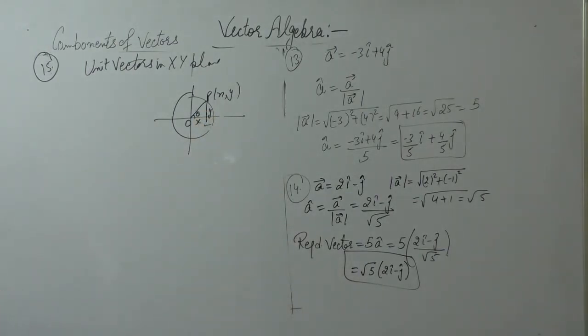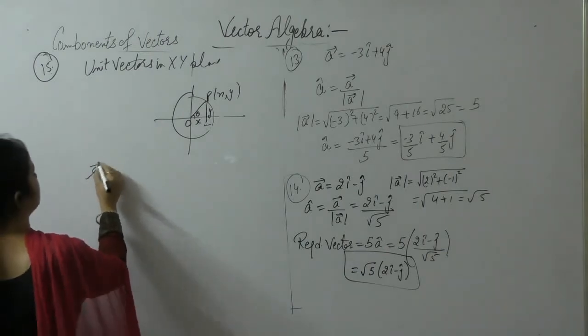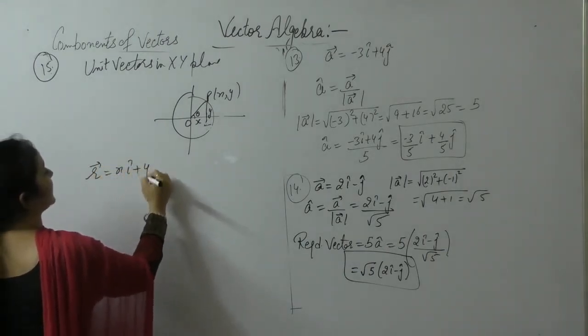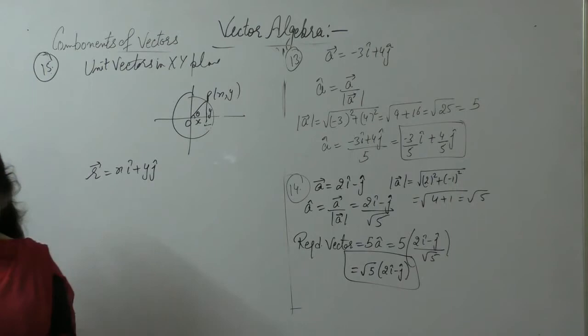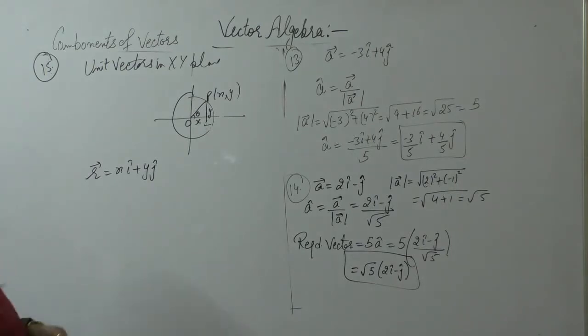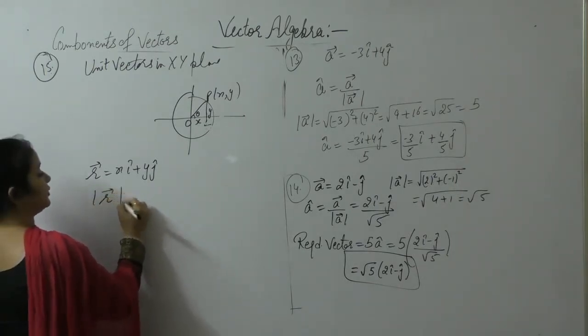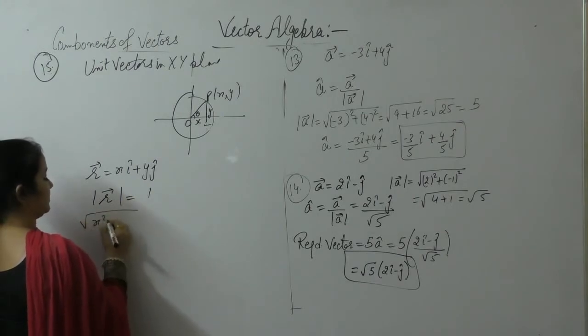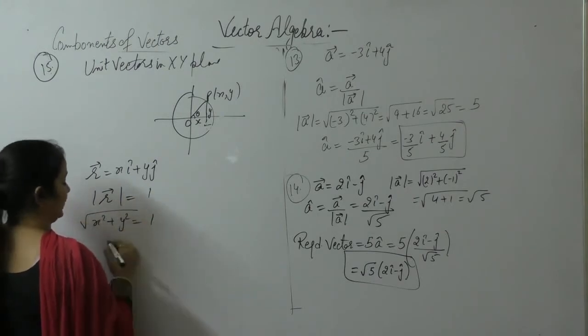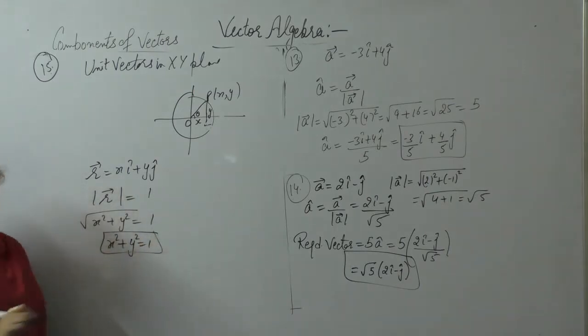Let r vector equal to xi plus yj cap be the unit vector in xy plane. Then magnitude of r is 1. Squaring both sides we get x square plus y square is equal to 1.